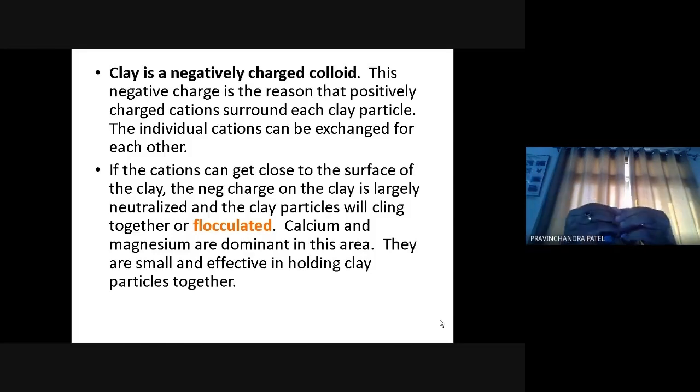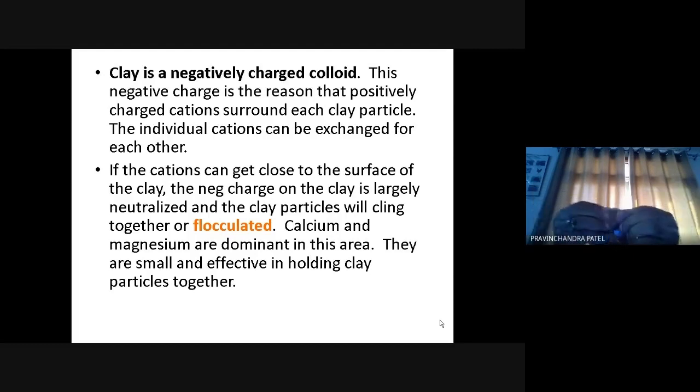The individual cations can be exchanged for each other. I told you that calcium, magnesium, sodium, potassium can be exchanged for each other. Suppose, as an example, your soil is an alkali soil or sodic soil, then it is dominated by sodium clay.